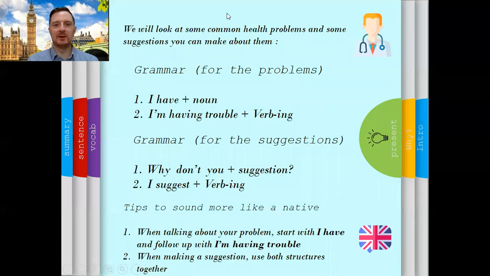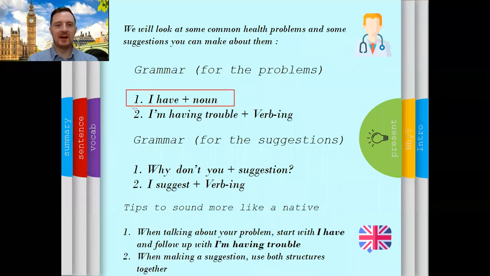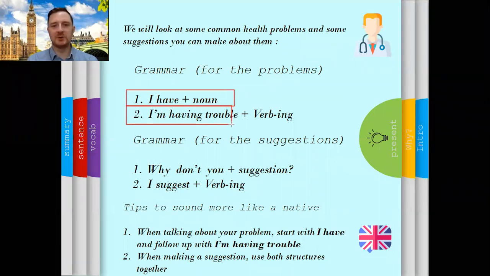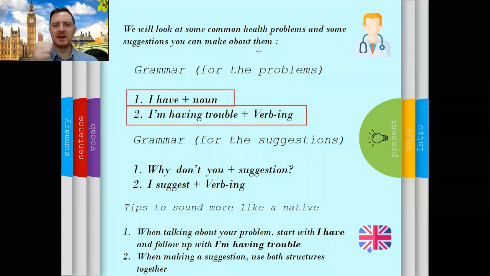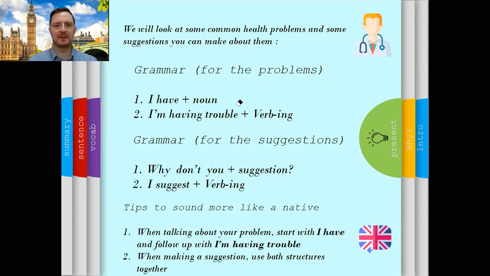This means that we will use option one, and then we will also use option two as well. We'll put them together and use the two different structures at the same time. And this will sound really good, really natural and really native, okay? So that's the tip for your problems.